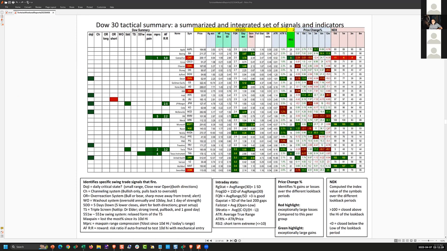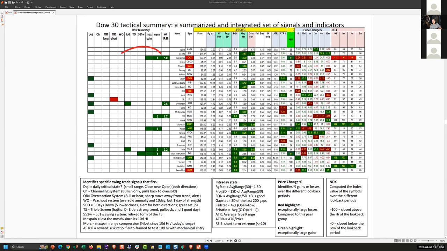Look how good NVIDIA has been over 1 month, 3 month, and 6 month, but it's starting to cool off. But what's becoming exceptionally strong? Microsoft and Nucor, etc. So this little actionable dashboard, there's enough ideas on there for 40 different trades a day on different time frames.